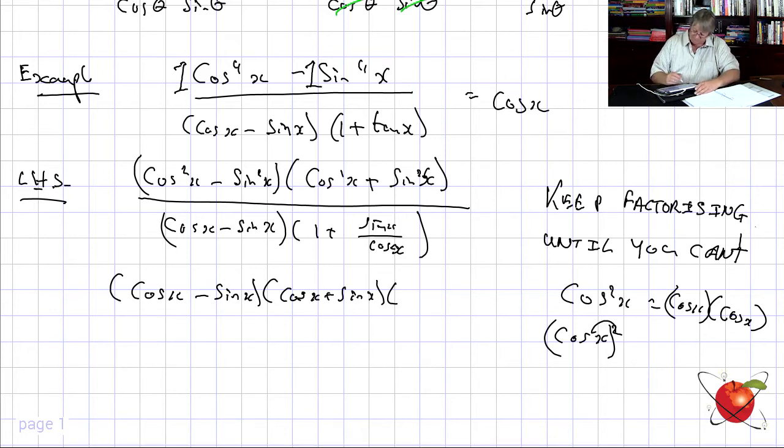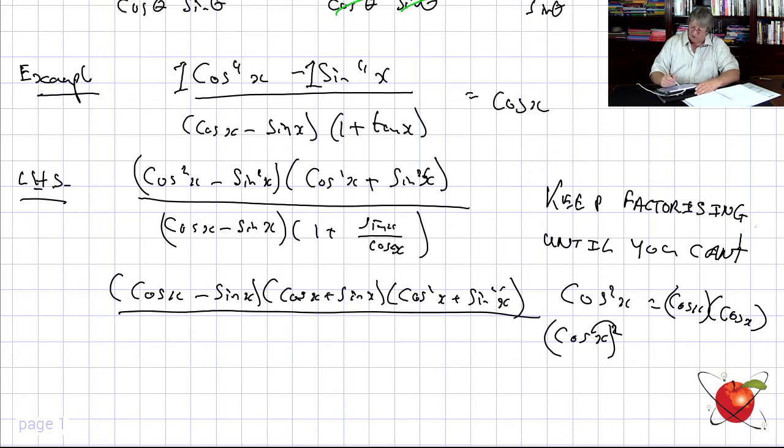Okay? Times, and no, we can't because it's positive. We cannot factorize the sum of two squares, so we have to leave it cos squared x plus sine squared of x. Put an x over there. And what do I do at the bottom? I say that is cos x minus sine x, okay, multiplied by, and this I must add together.